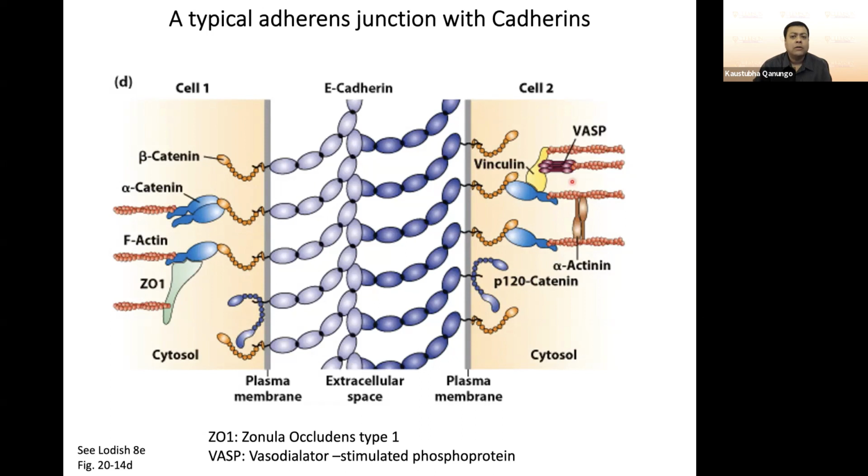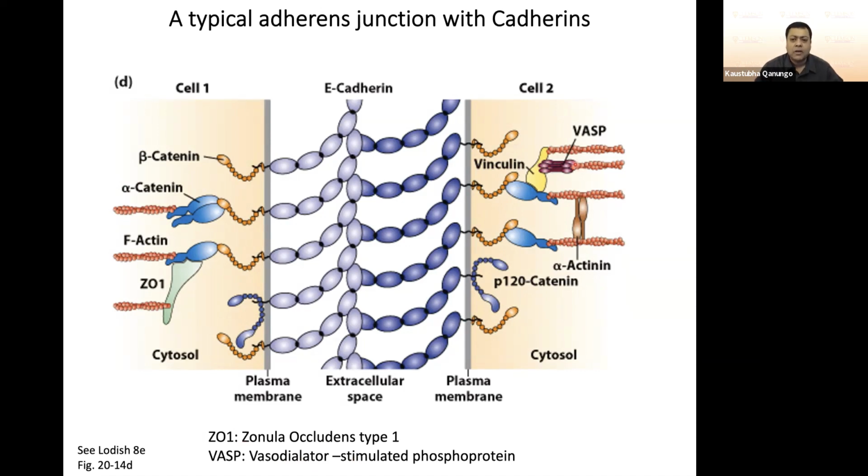On the other side, you are seeing that there is a separate set of proteins. You have this vinculin, then you have this VASP, which is vasodilator-stimulated phosphoprotein. What we mean by that is, if you have a particular signal, or even when you are working out and you have a condition of vasodilation, meaning your capillaries actually enlarge in diameter, at that time this is activated.